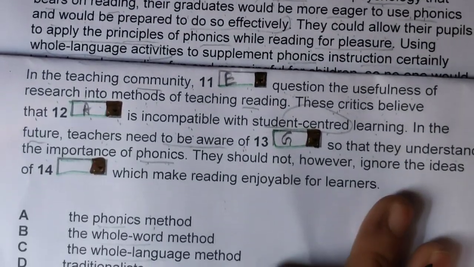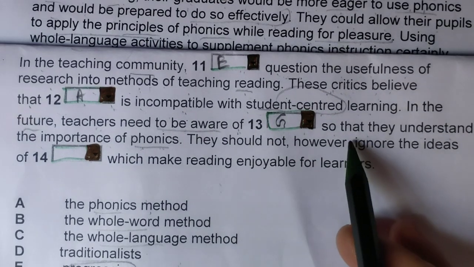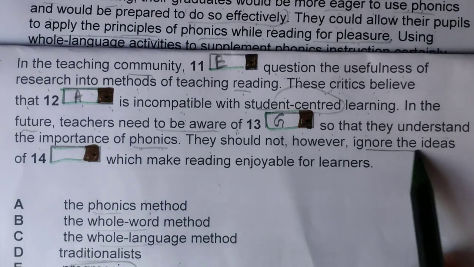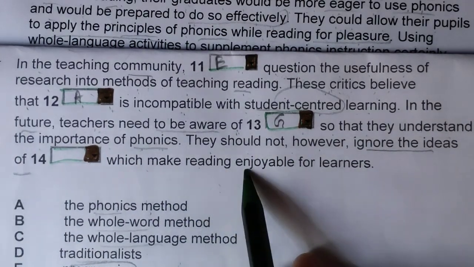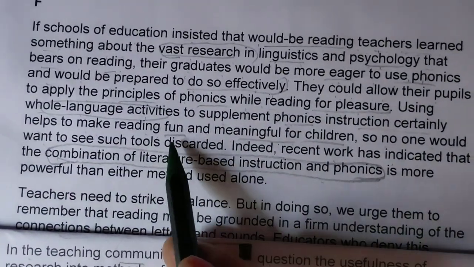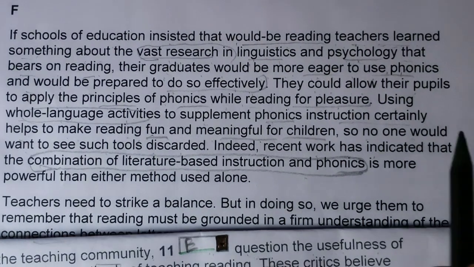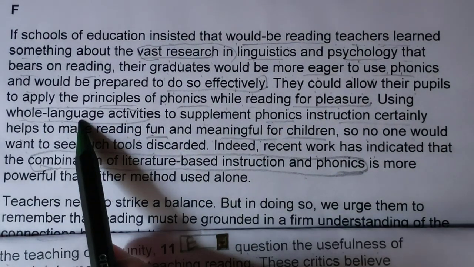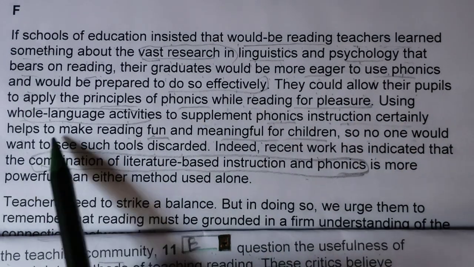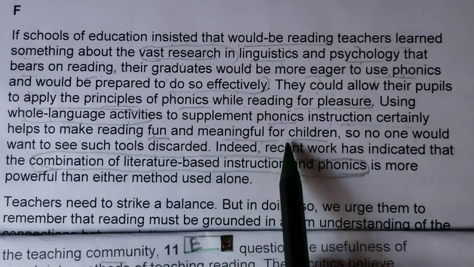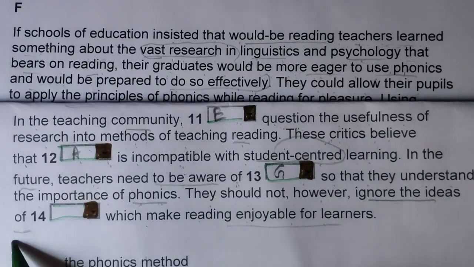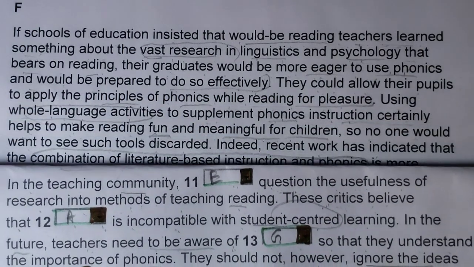Okay, coming to 14th number. They should not however ignore the ideas of dash which make reading enjoyable for learners. Okay, enjoyable for learners. So enjoyable means fun. Using whole language activities to supplement phonics instruction certainly helps to make reading fun and meaningful for children. So they should not however ignore the ideas of dash. Okay, this we have got.